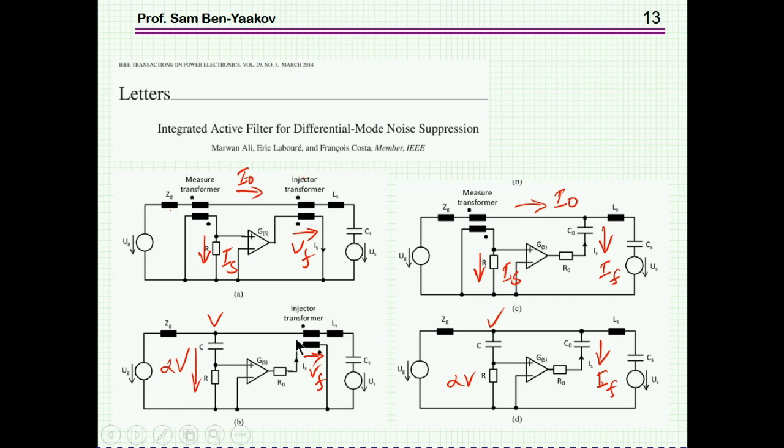So the idea here is to build a voltage which is opposing the instantaneous polarity of the noise here, and therefore limit the ripple current here. And of course, rather than sensing the voltage, you can sense the current, or the residual current, I should say, and then amplify it and generate this opposing voltage in series with this noise. So these are the possibilities, and people have shown implementations of these various possibilities.